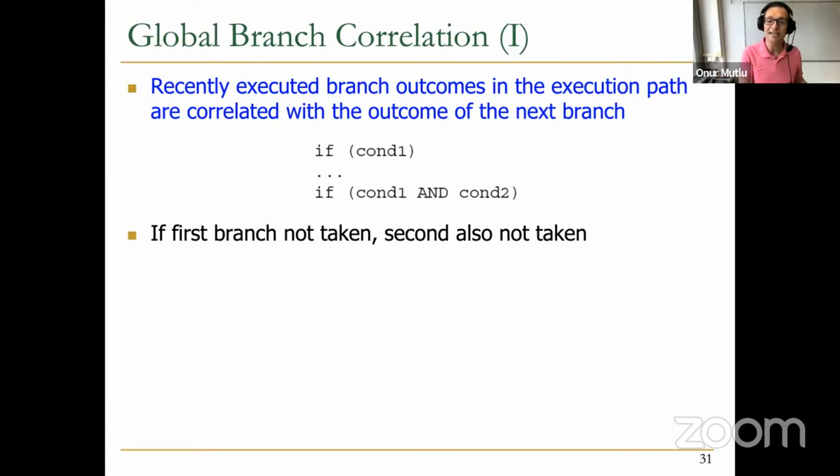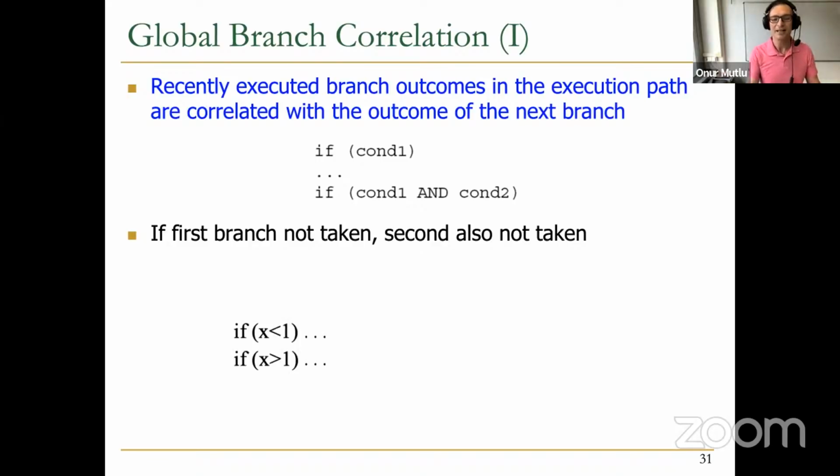If the first branch is not taken, then the second is definitely not taken as well. So there's some correlation clearly. It's not perfect because if the first branch is taken, you don't know whether the second branch will be taken, because the second branch tests another condition. But if you know that the first branch is not taken, you know that the second branch is also going to be not taken. So if you can capture this correlation in your history somehow, then you can actually predict the second branch much more accurately.